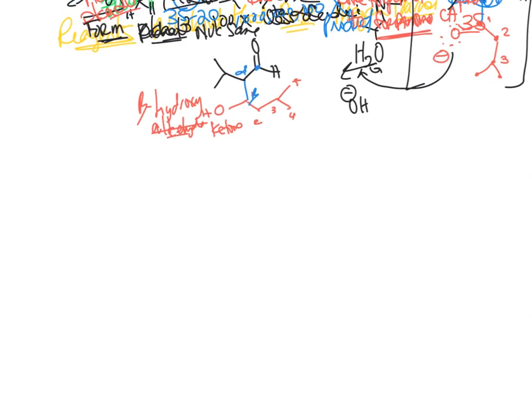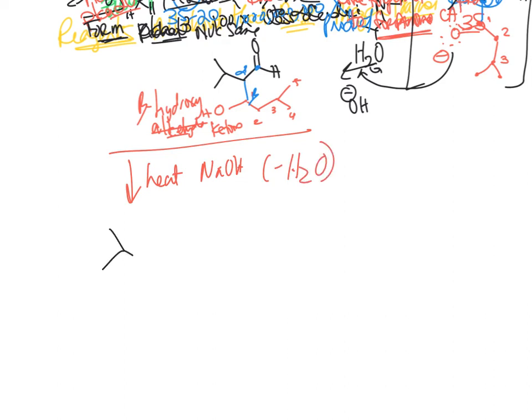Now, you add heat, and you're in sodium hydroxide, so it will lose water. And what happens then is you get 1, 2, 3, 4. You actually get an alpha beta unsaturated ketone.